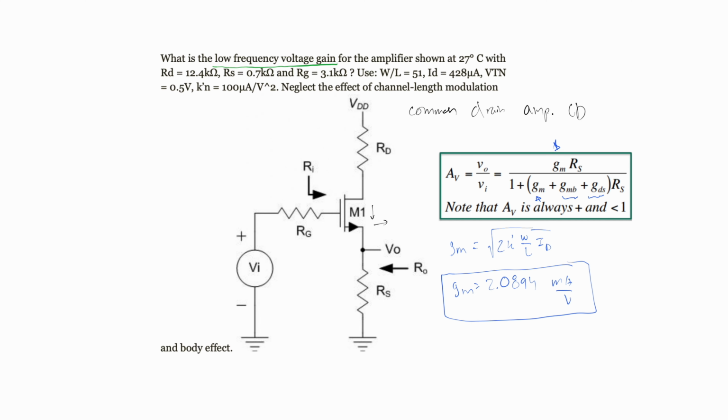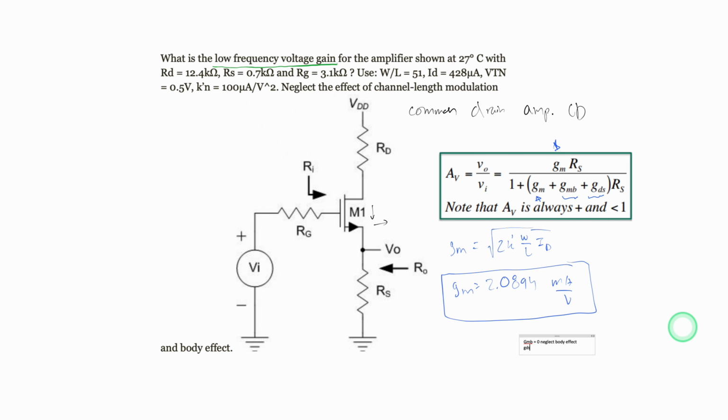Now, what about our GMB and our GDS? Well, they're two different things, and for our GMB, it's going to be equal to 0. I'll make this bigger in a second, and it's because of the neglect of body effect.